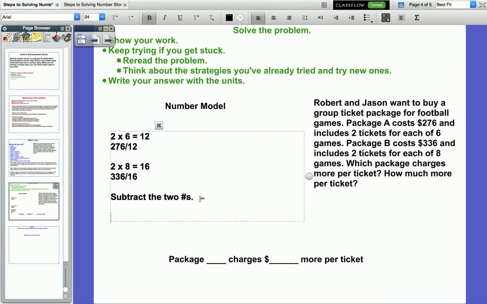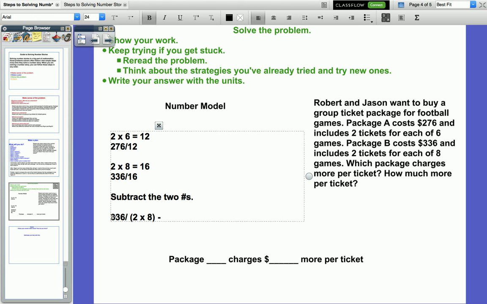So if you're still struggling with that, no worries, you'll get it. Okay, so I'm going to do 336. That's the number I'm going to start with. And that's going to be divided by 2 times 8. And then I'm going to subtract.